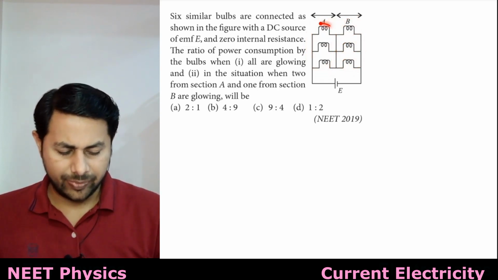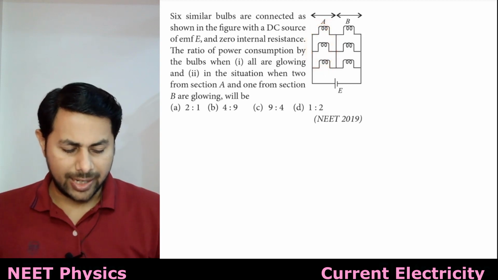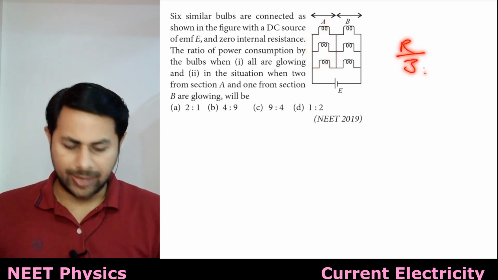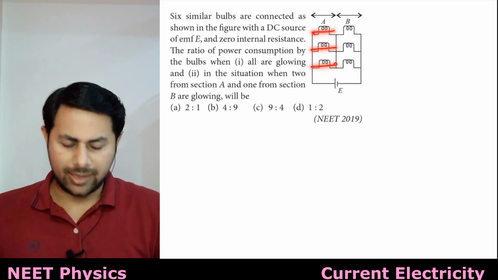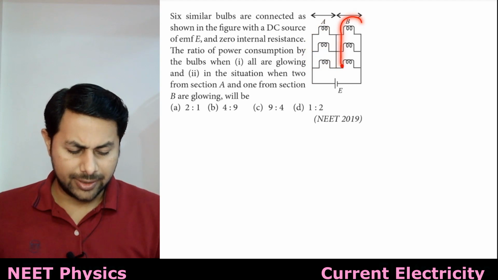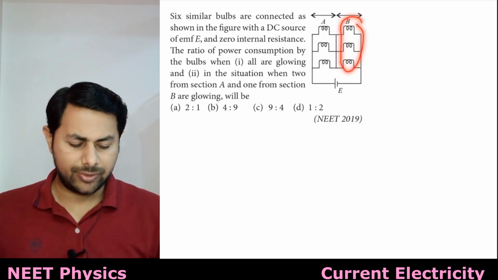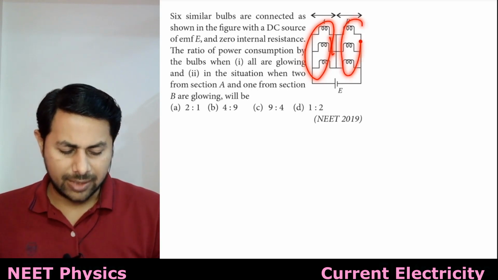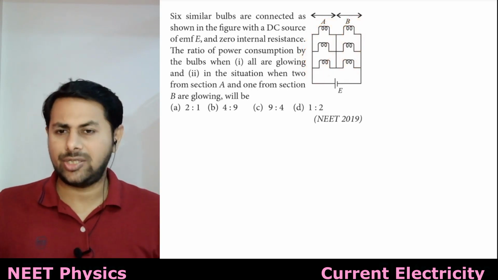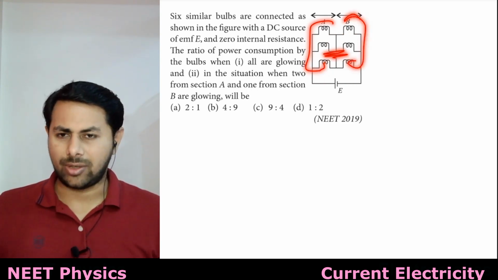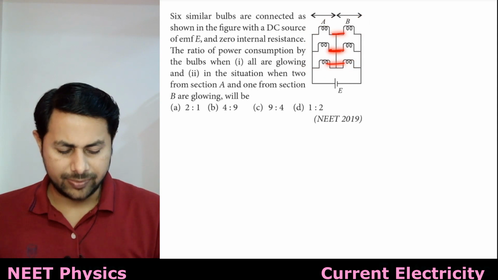It will be R by 3, because there are 3 resistors connected in parallel. The resistance of the other section would also be R by 3. So this R by 3 and this R by 3 are in series combination, right?